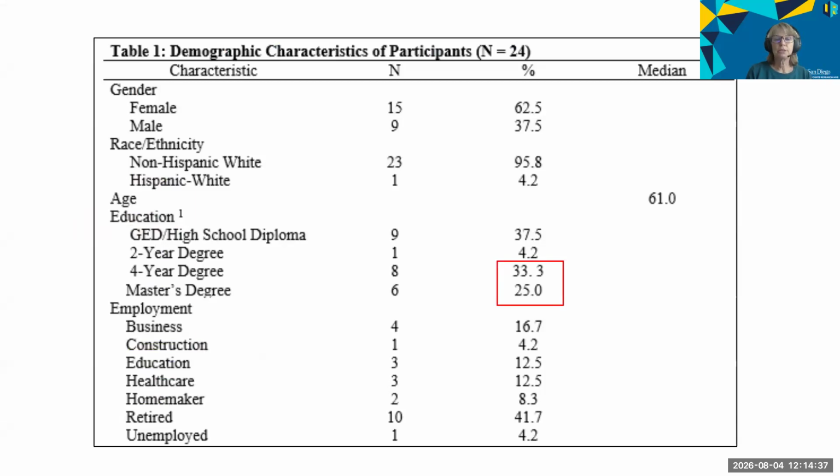I want you to pay particular attention to the percentage of people who had a 4-year degree and the percentage of people who had a master's degree. So you're showing what you want them to focus on, and then you, as the presenter, are highlighting what it is. Or you can say something like, you'll notice that 33% of the people had a 4-year degree and 25% of the people had a master's degree.